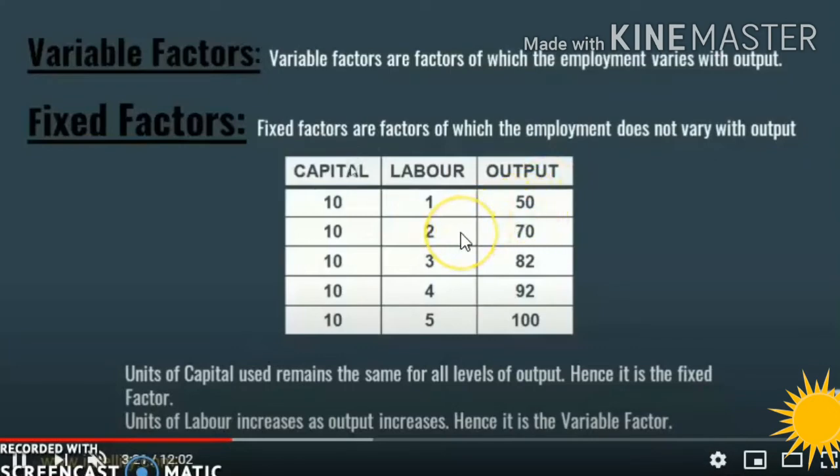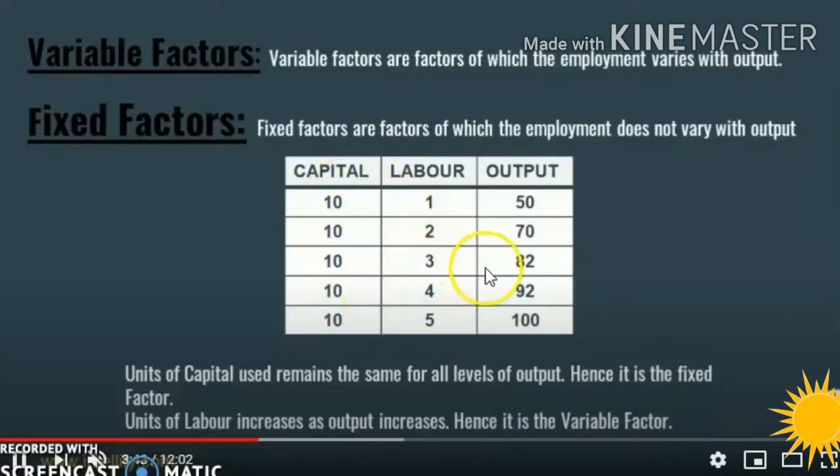If two labor are employed, the output is 70, a difference of 10. If three labor are employed, capital is still fixed and only labor varies. So we can say that labor is the variable factor and capital is the fixed factor.